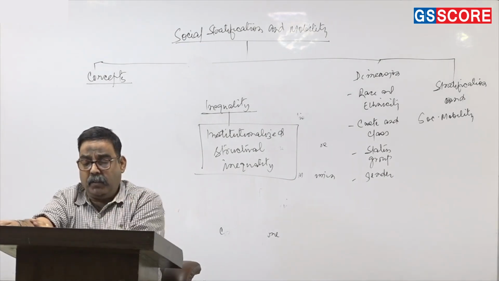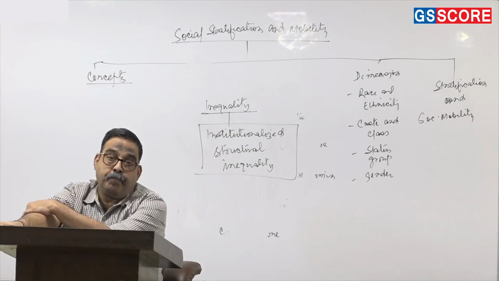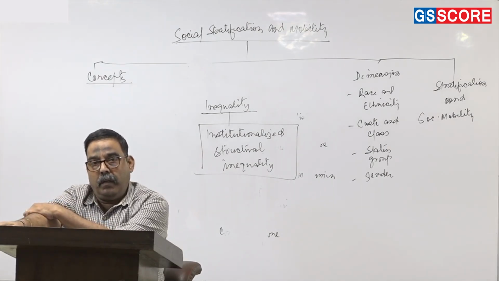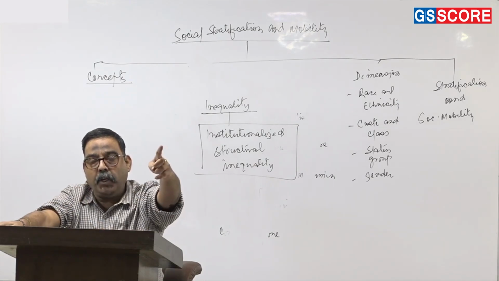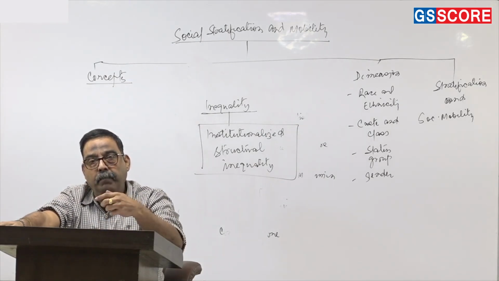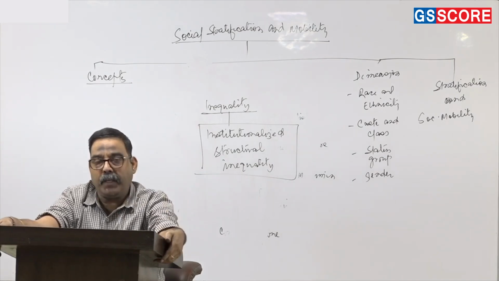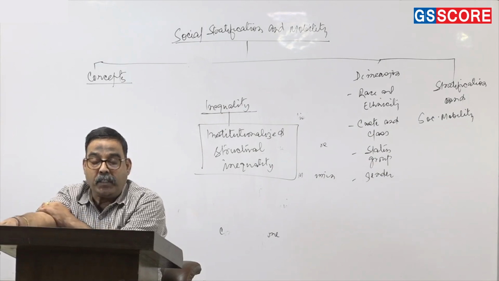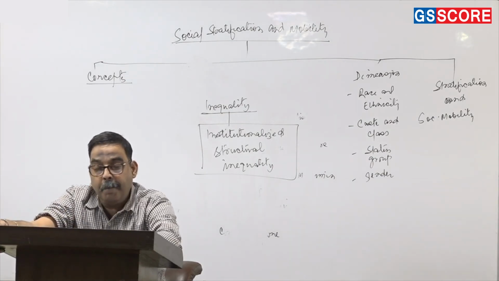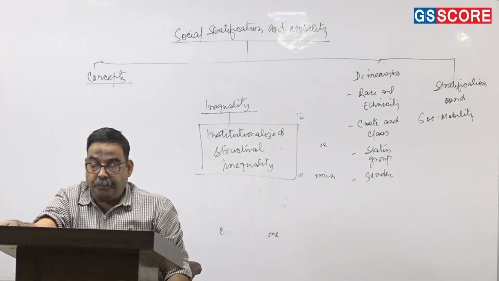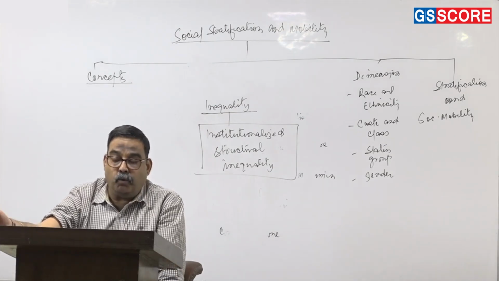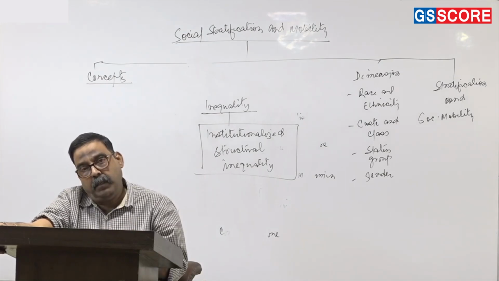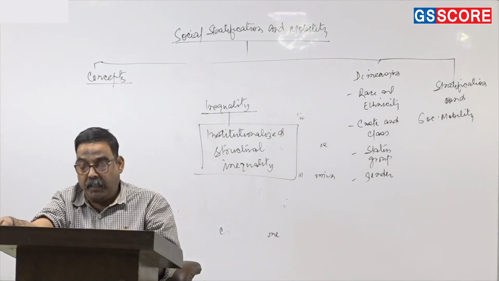In every phase of social development, except primitive communism, in the Marxian theory we talked about primitive communism, ancient society, feudal society, capitalist society, there has been coexistence of two contradictory classes, the oppressor and the oppressed, the ruler and the ruled. And thus, to Marx, class is the base of social stratification.